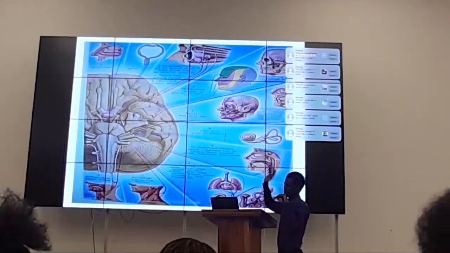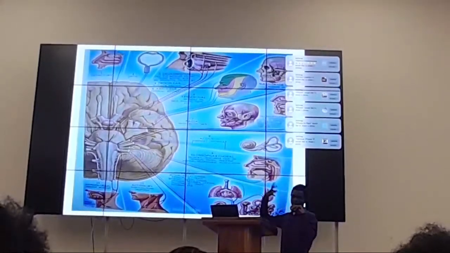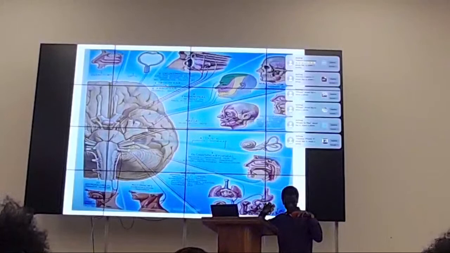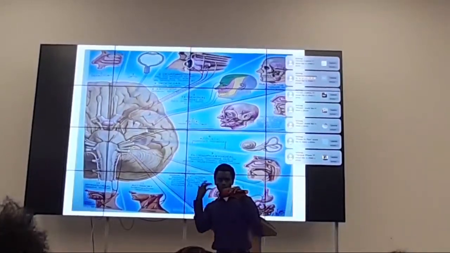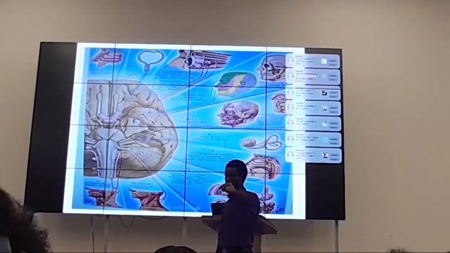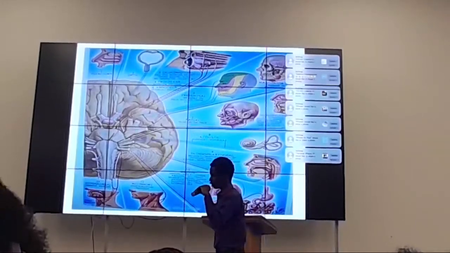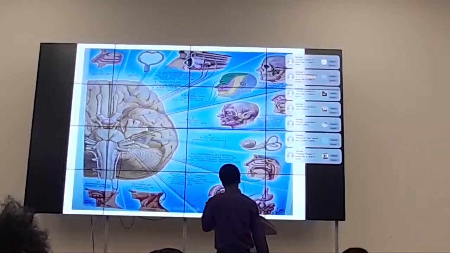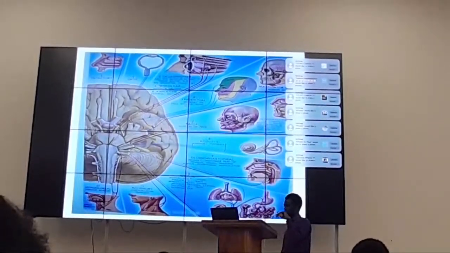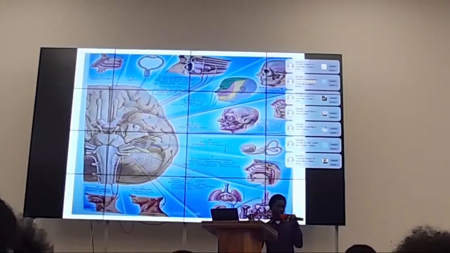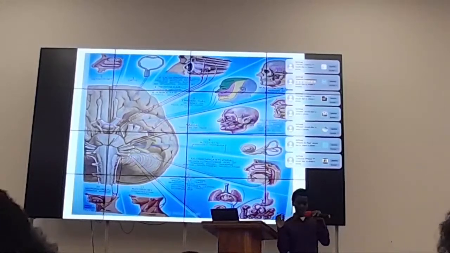Okay, then seventh is facial nerve. We mentioned it. The facial nerve is to control muscles of facial expression. Okay, we can tell whether you're happy or you're sad, frowning, and so on, because of this facial nerve. Then the eighth cranial nerve is what?